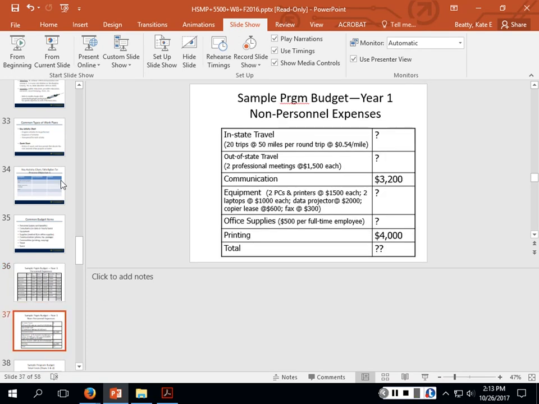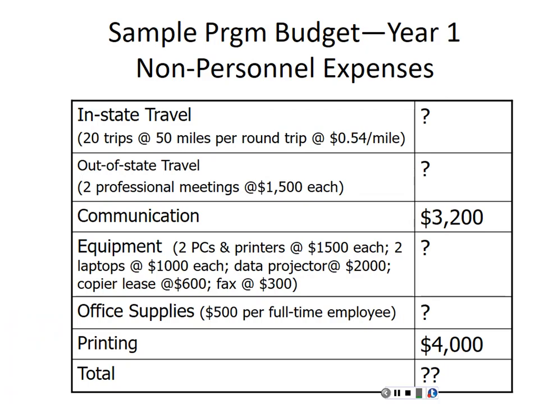Okay, so now let's take a look at an example of the non-personnel budget for the first year of our program. Again, this includes some of the key items. It's not exhaustive.